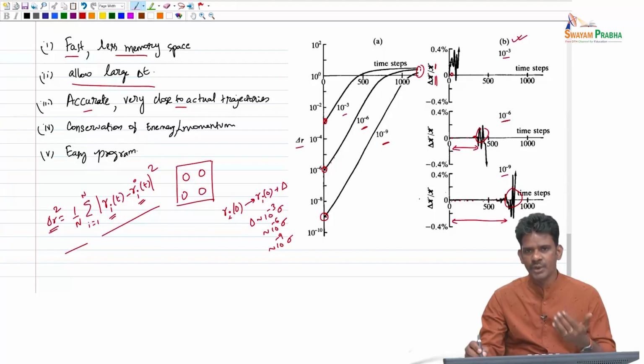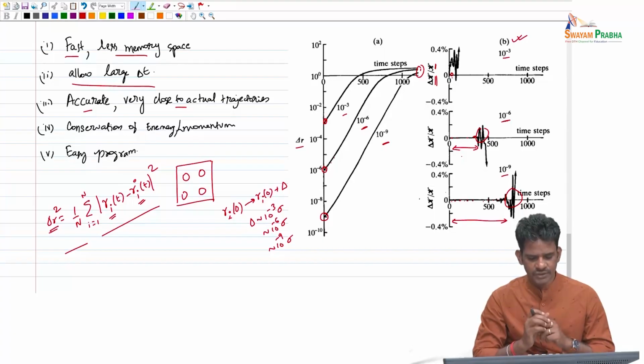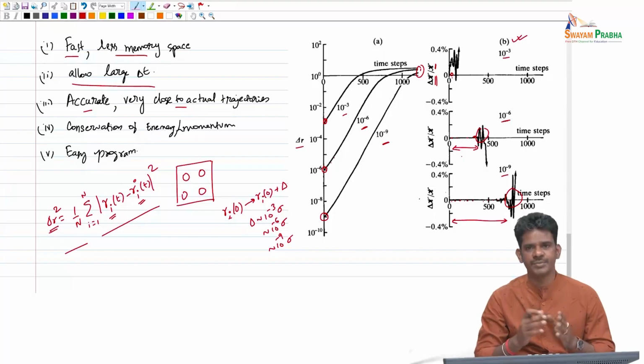If the perturbation or round off error is very small, your simulation is going to generate a correct trajectory over a long time. But if the perturbation and round off error is large, you will see this kind of divergence occurring quite quickly.